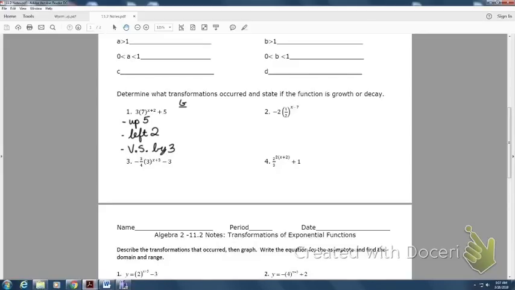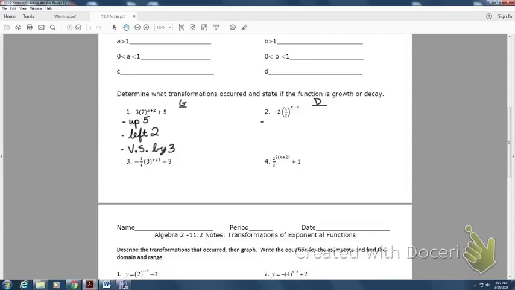Okay, looking at number 2, Manny, is that growth or decay? Decay. Why? Because the base is 1/2. Isabel, what is one of the transformations?